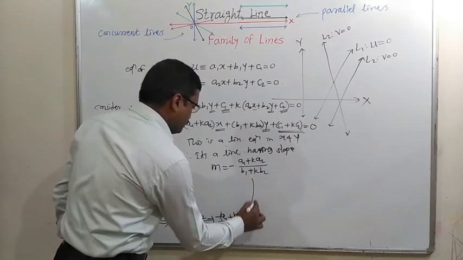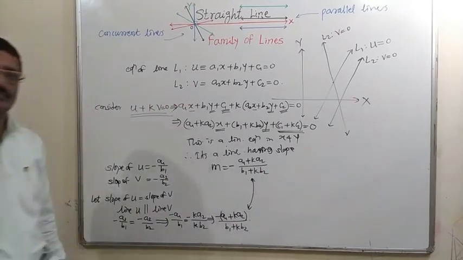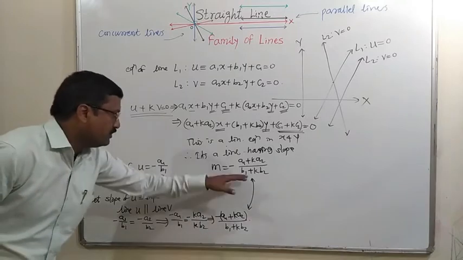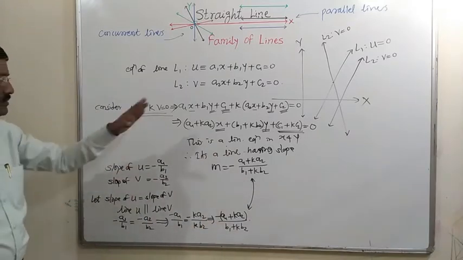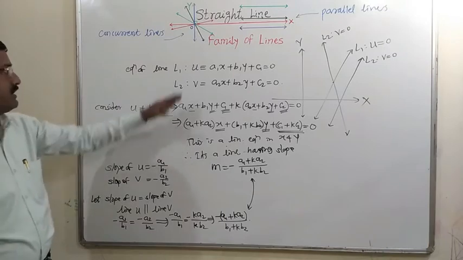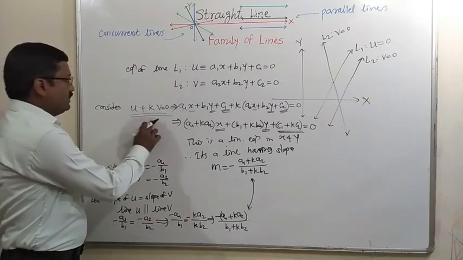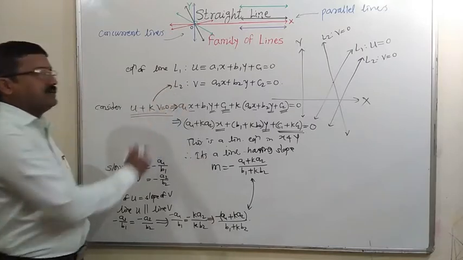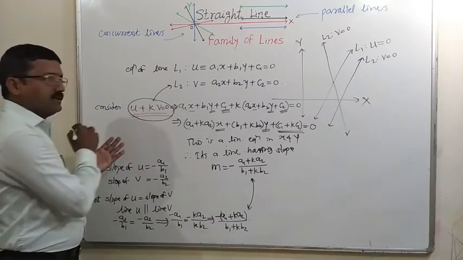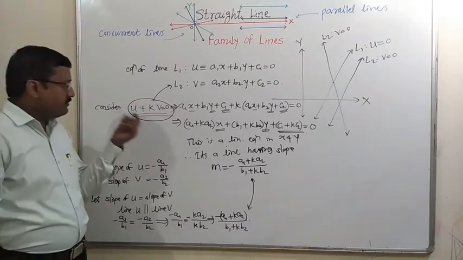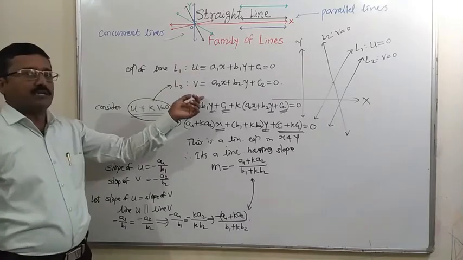That is the same here. So this slope of this line is equal to the slopes of these two lines. So this is the line which is parallel to u and v. So line u plus kv is parallel to these two lines u and v. So this equation gives us the equation of family of lines which are parallel to u and v.